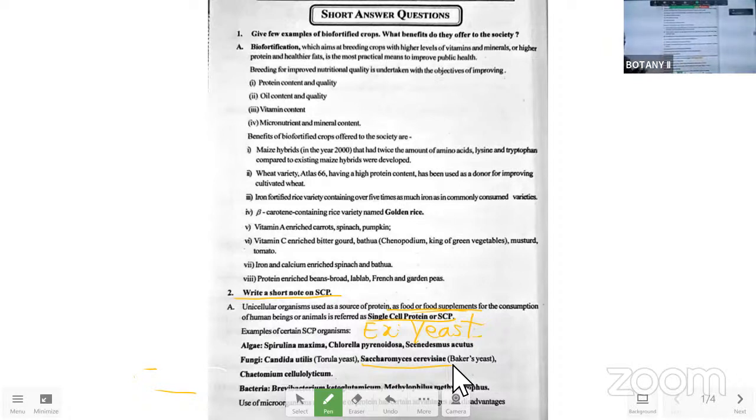Now comes which type of unicellular organisms are there. In that, some algal members will come. We have to write not like this, I am saying what I am saying like that only. If you write, that will be the best one. Some algal members, we can extract the proteins. Example, spirulina, which is very easy for us to write.